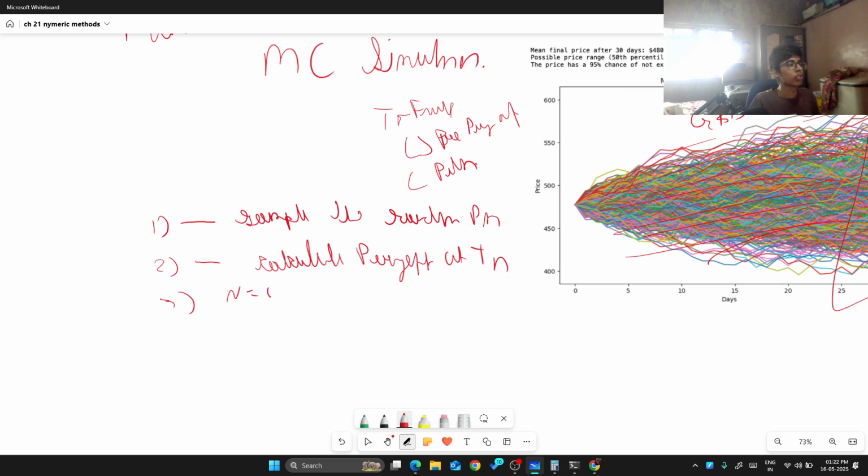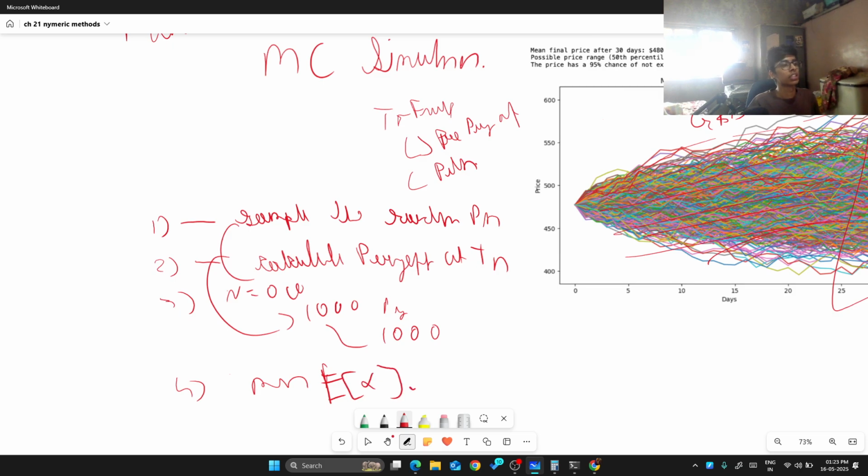If n equals 1000, we repeat this 1000 times, so we get 1000 different payoffs, right? Fourth, we calculate the mean expected payoff, and then we discount it with the risk-free rate, and in this way we can find the value of the derivative.